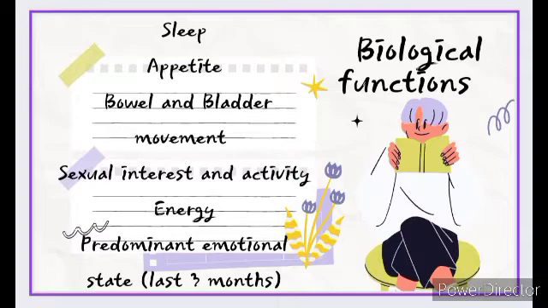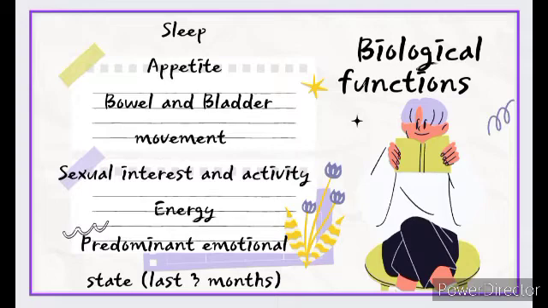For sleep, we have to check whether there is insomnia or hypersomnia or sleep disturbance or something else. We have to collect that information. Appetite: whether the person has an interest in food or energy for taking food or not. Appetite is low, or heavy and high, eating too much.